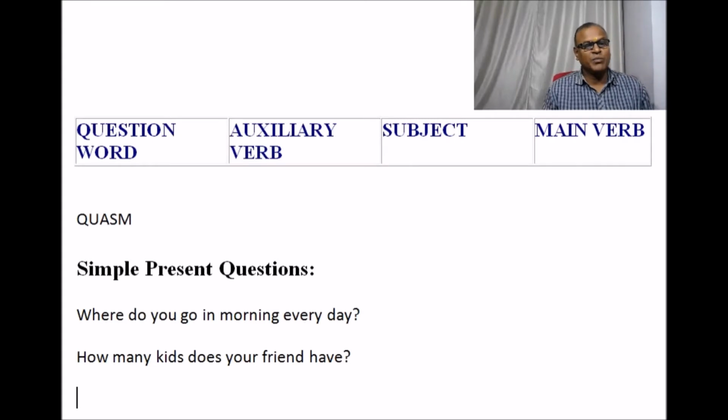Now you see, how many kids does your friend have. The question word is how many kids. That is the kids, you have to use it with it. Question word, because how many kids, how much money. So this is the complete question word.